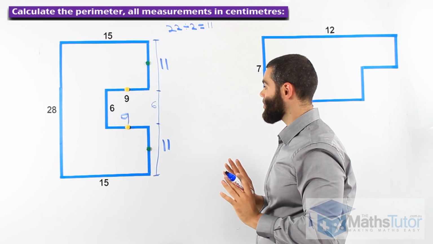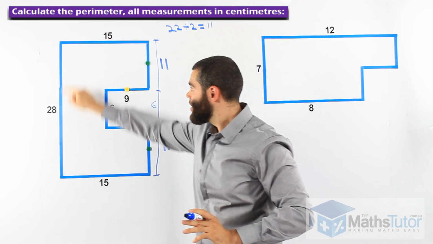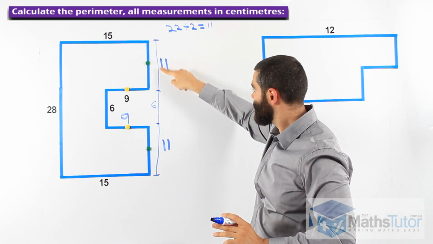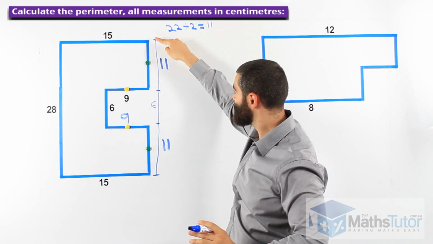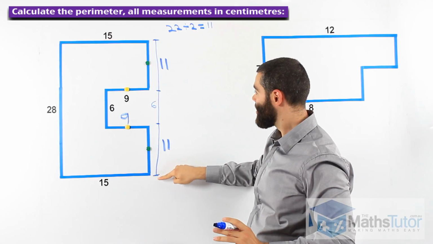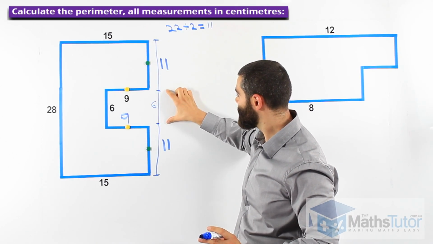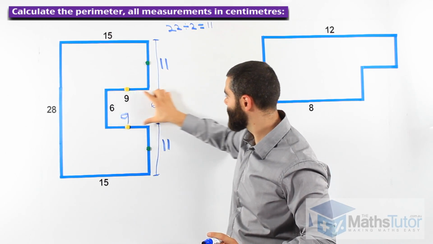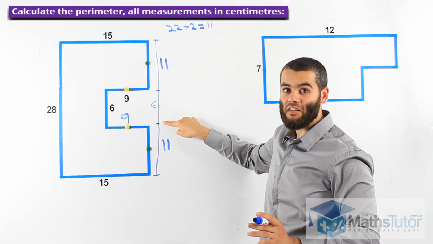Let's go through one more time. This side is 28. And here, this is the same length. That's 28. That's also going to be 28. So the total is 28. We know that this part is 6 because of that information that's being given to us. From here to here is 6. This is also 6.